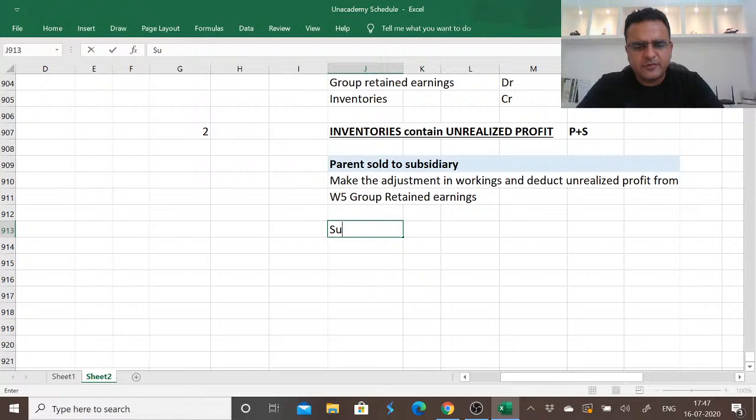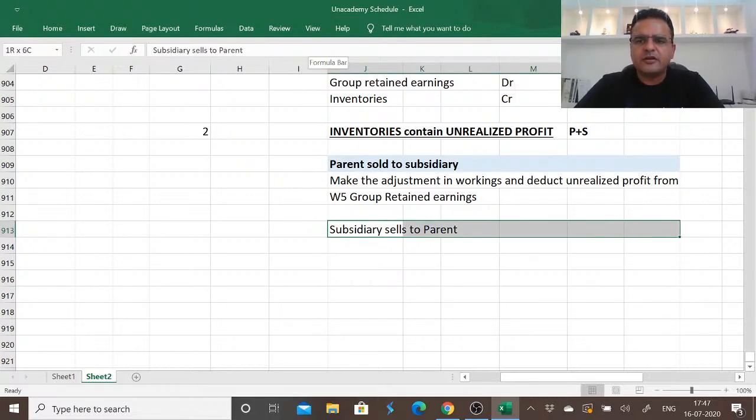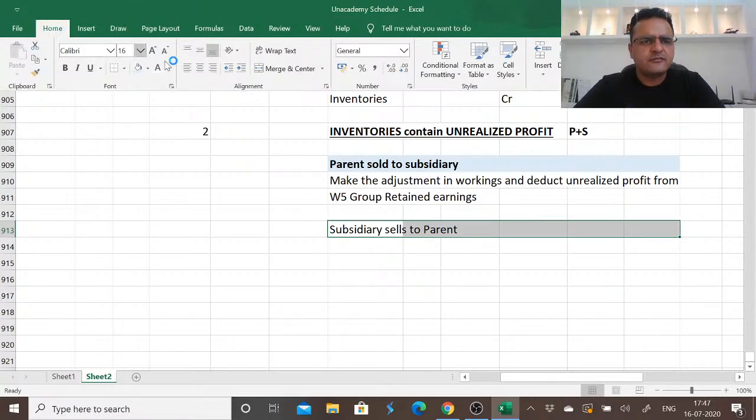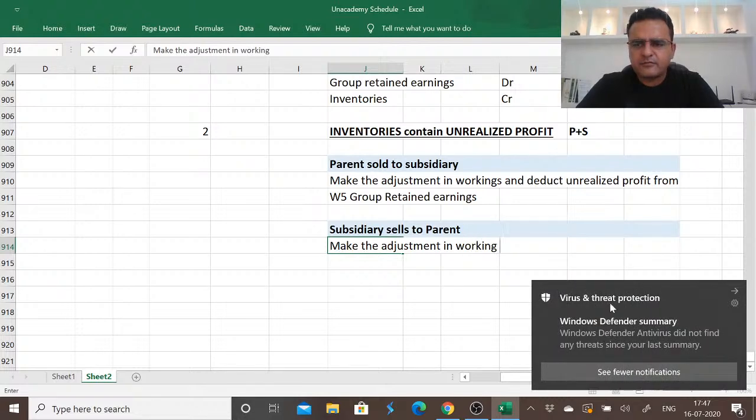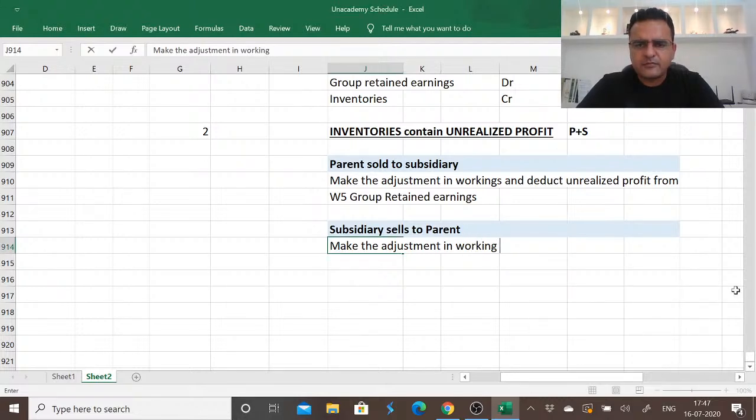If subsidiary sells to parent, then you can make the adjustment. If subsidiary sells to parent, make the adjustment in working note number 2.